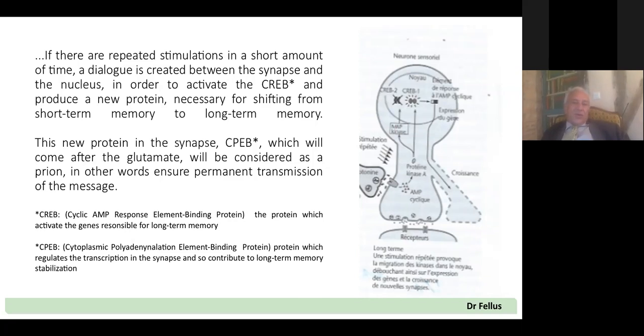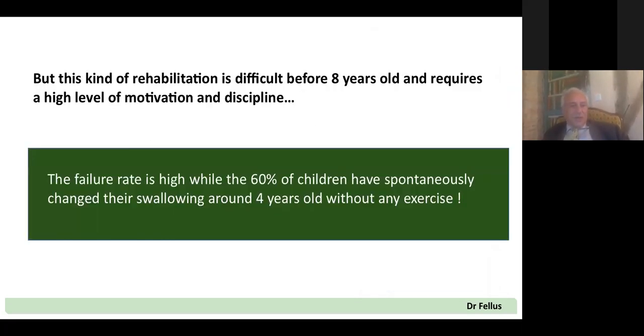Then the dialogue is created between the synapse and the nucleus in order to activate CREB and produce a new protein, which will be necessary for shifting from the short-term memory to the long-term memory. This new protein in the synapse, we call CPEB, which will come after the glutamate and is considered as a prion. So there is a constant transmission at the level of the synapse.